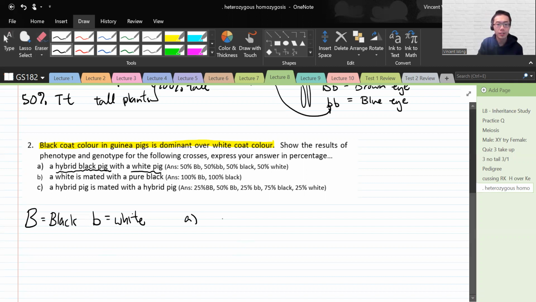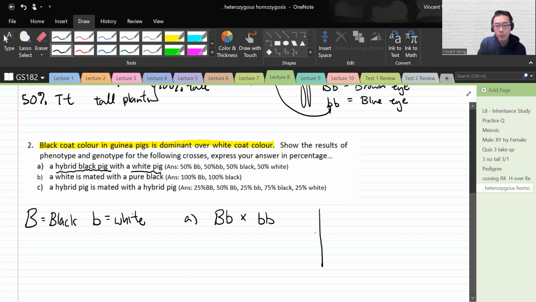That's right, Sarah. It is going to be big B, small b. Thank you. We are going to cross it with a white pig. Because white is recessive, they don't have to tell you whether it's pure or hybrid, right? There's only one way to be recessive, right? That is to be small b, small b.